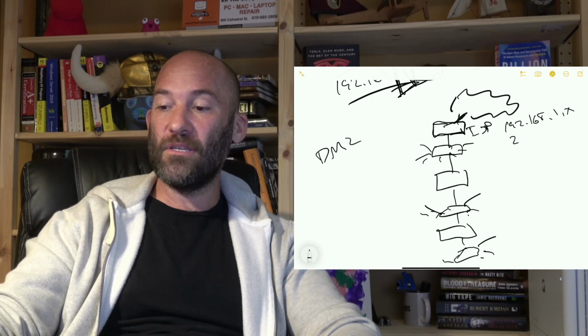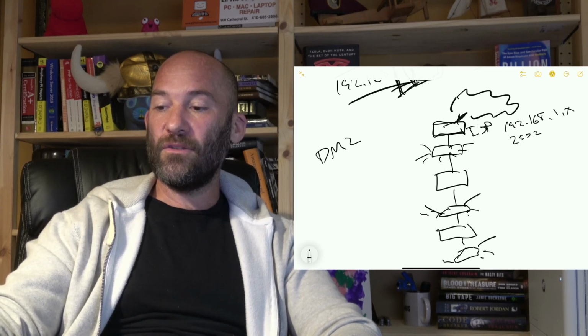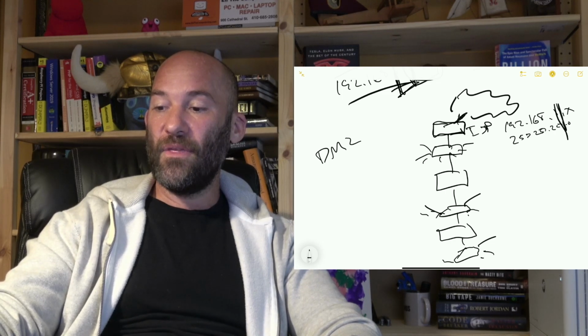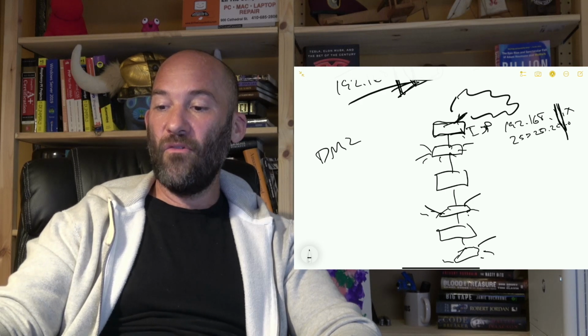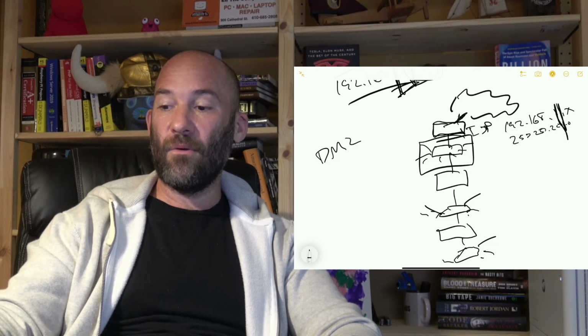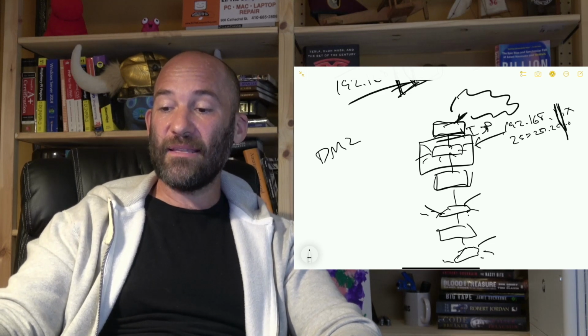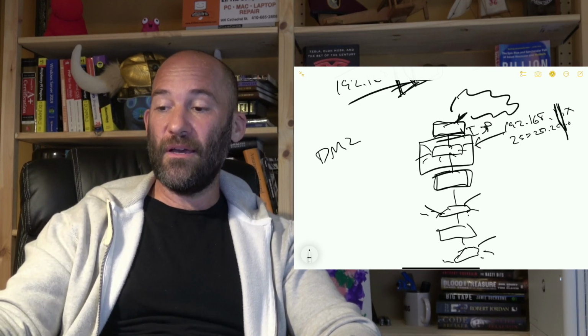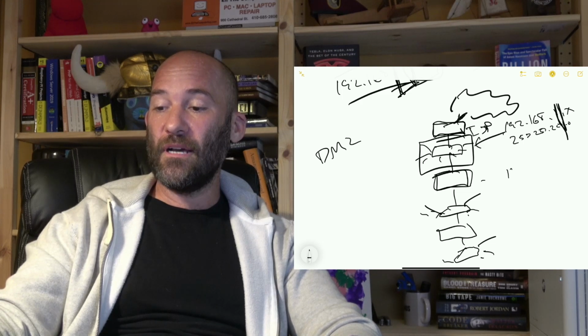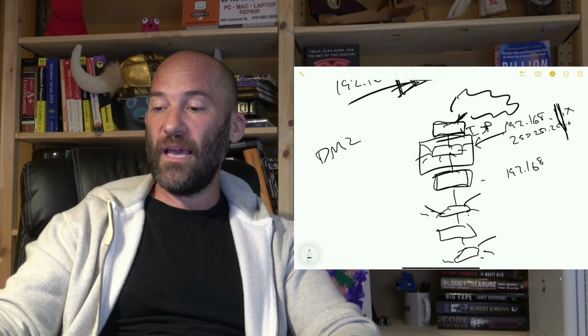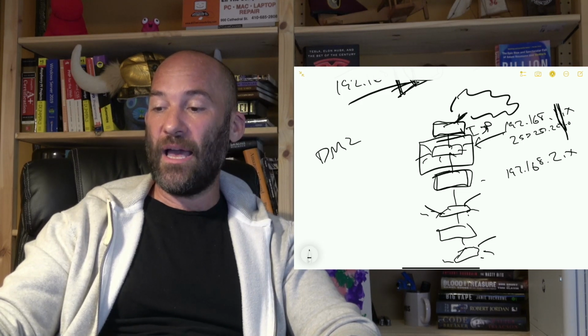192.168.1.x network. So this is 255.255.255.0, right? So this is the network ID for this particular network, the first network that I'm creating. I then connect another router to this, and what I'll do here is I'll make this the 192.168.2.x network.